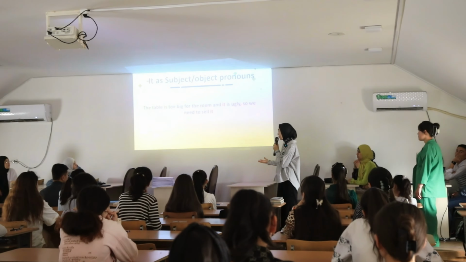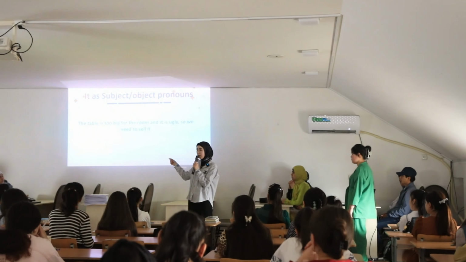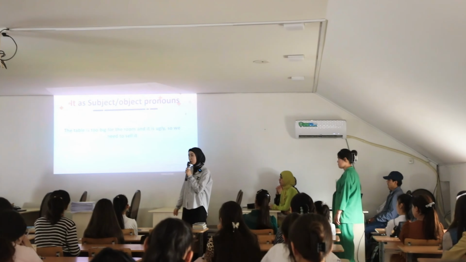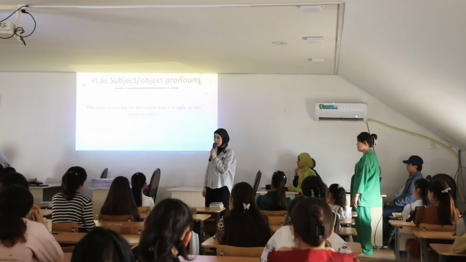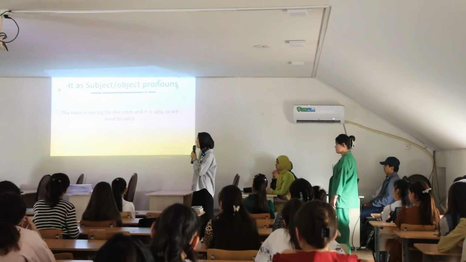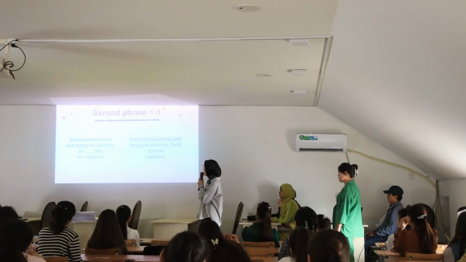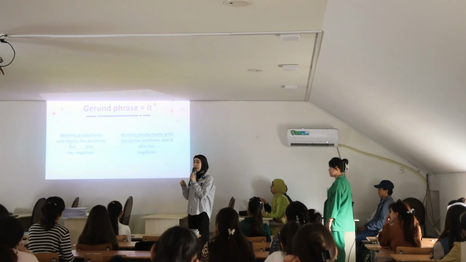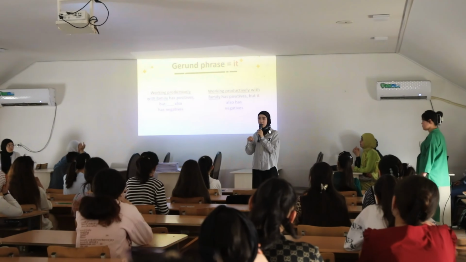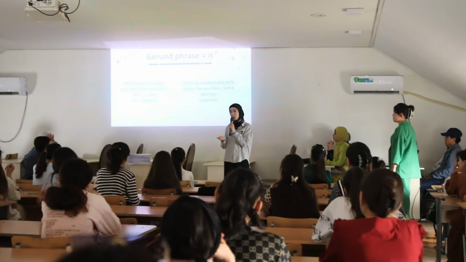First it's given as a subject pronoun and then as an object. What do you think they are referring to? Table, yeah. And next one is again about it, but this time it does not refer to a noun. It actually refers to a gerund phrase.